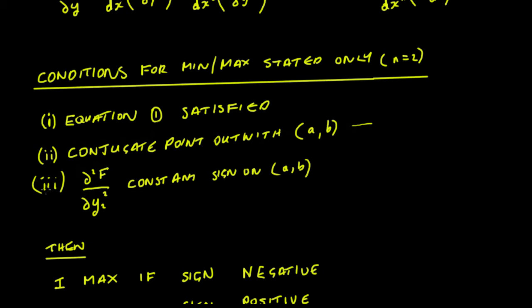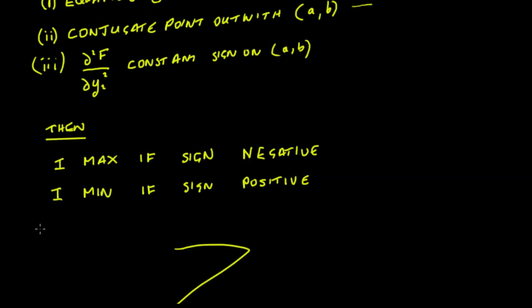Now the third thing is, if partial squared f by partial y2 squared has a constant sign over the interval AB, then the value of I is a maximum if the sign is negative, and the value of I is a minimum if the sign is positive. Okay, so we've gone through this now, and that's finished. It's not a lot of detail.